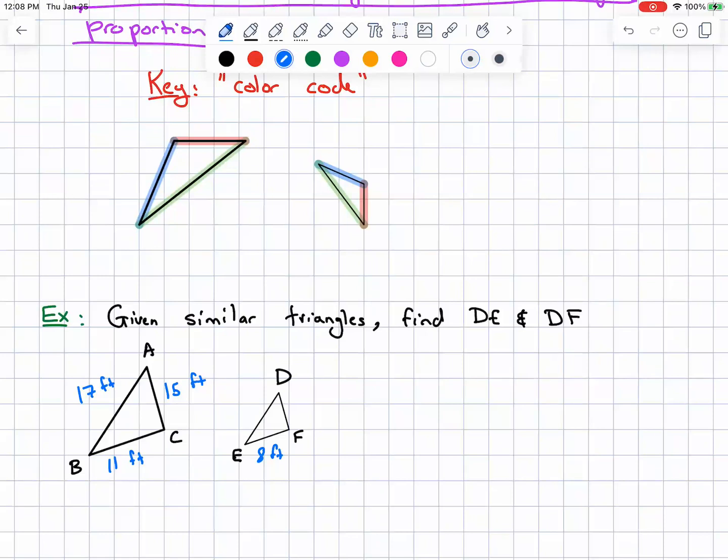So we don't know what DE and DF are, so let's just call them two variables. It doesn't matter what you choose. I'm going to choose X and Y, but you can use whatever letters or symbols you want. So I'll call this X.